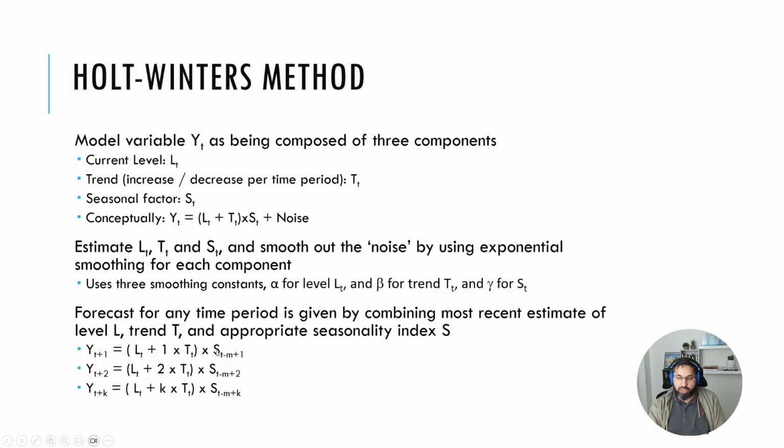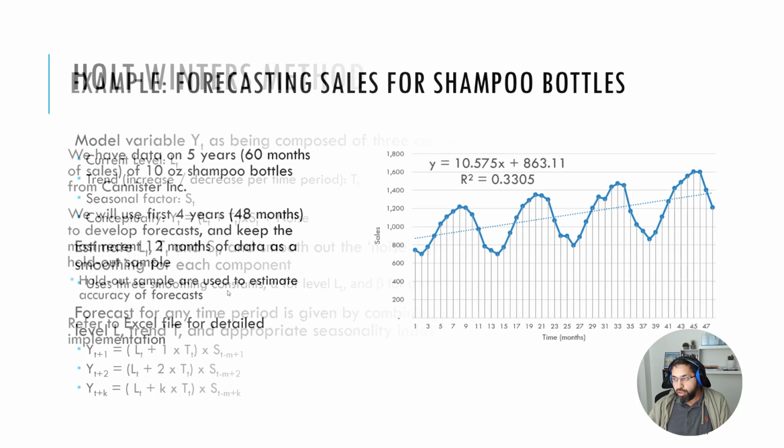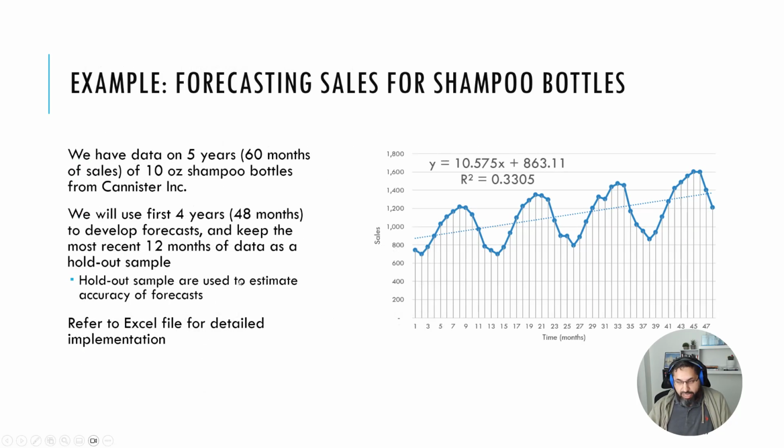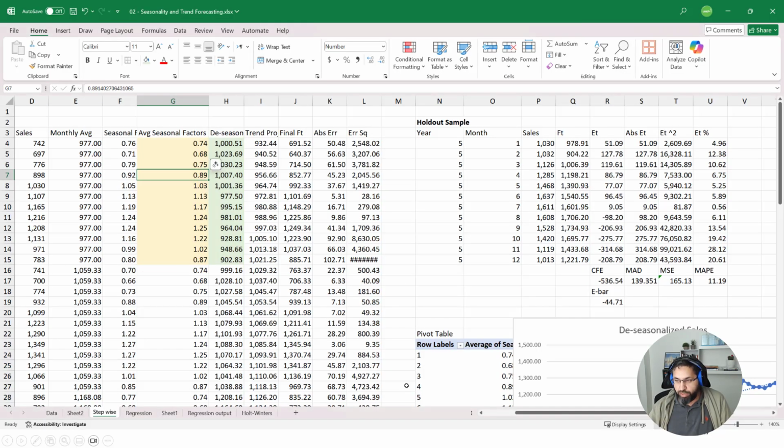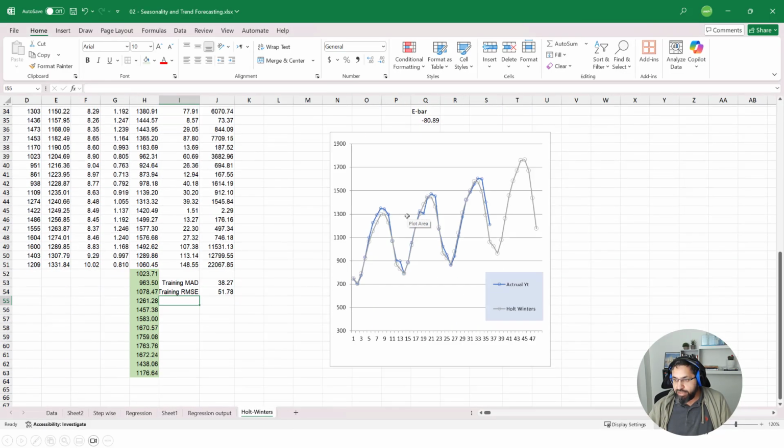That's why this subscript looks a little bit confusing, but all it's saying is match the seasonal factor with the month you're forecasting for. It doesn't make sense, let's say, to be forecasting for June and be using a seasonal factor for January, right? So you have to use the appropriate seasonal factor. Okay. So let's see an example of the Holt-Winters method in Excel.